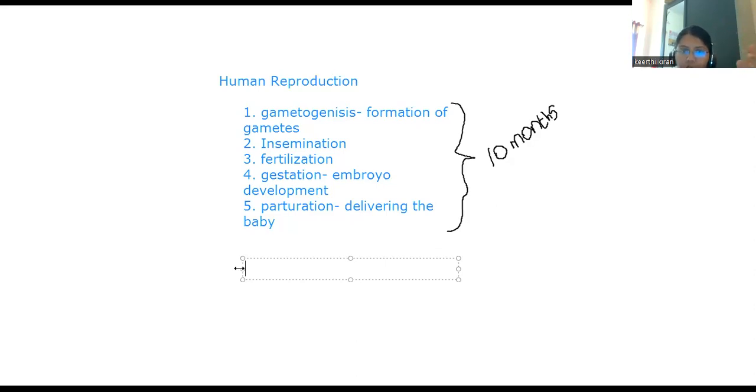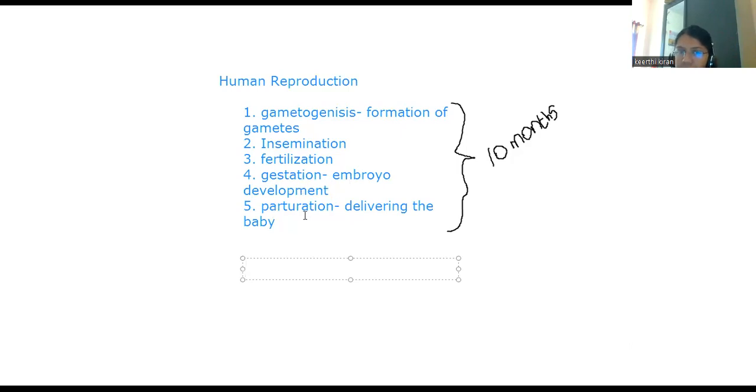After fertilization, cell division happens and the blastocyst, the early embryo, travels to the uterus and implants there. From that point the gestation period starts, which is called embryo development.